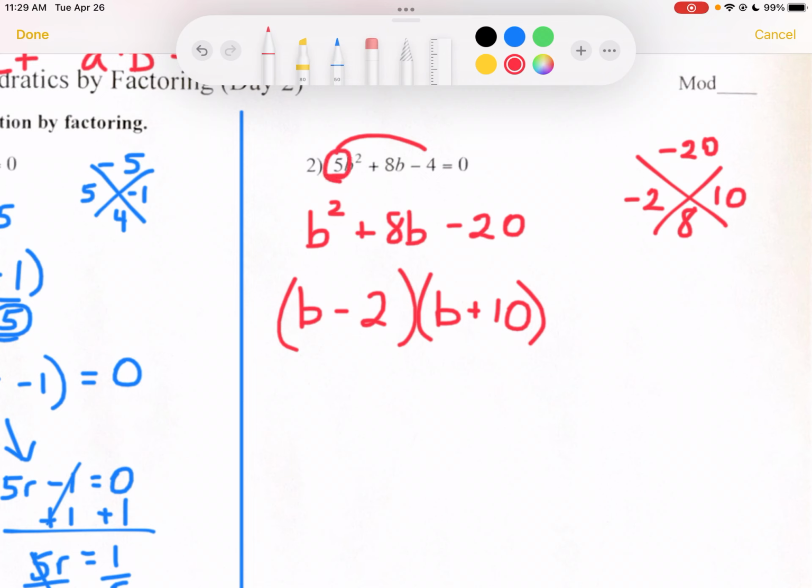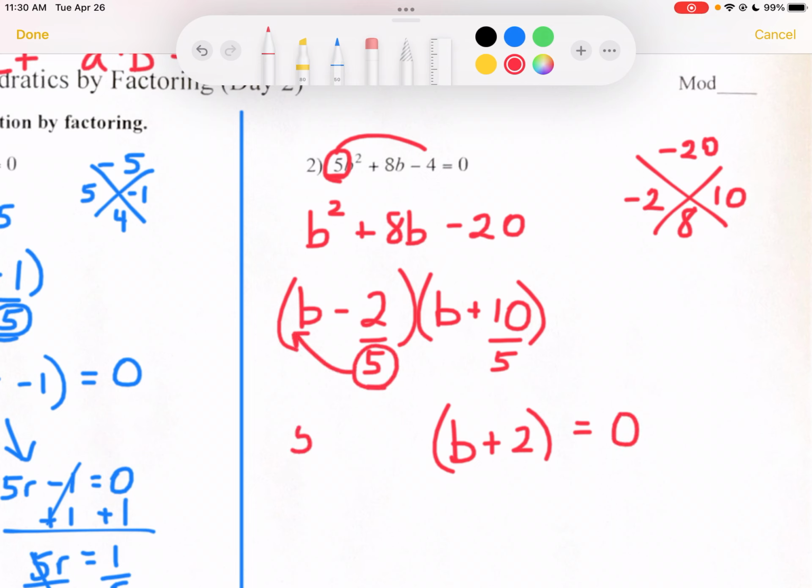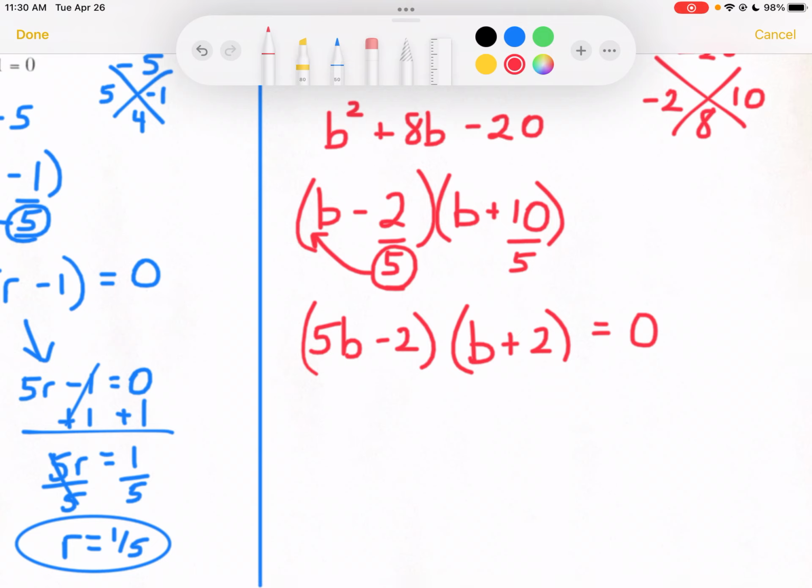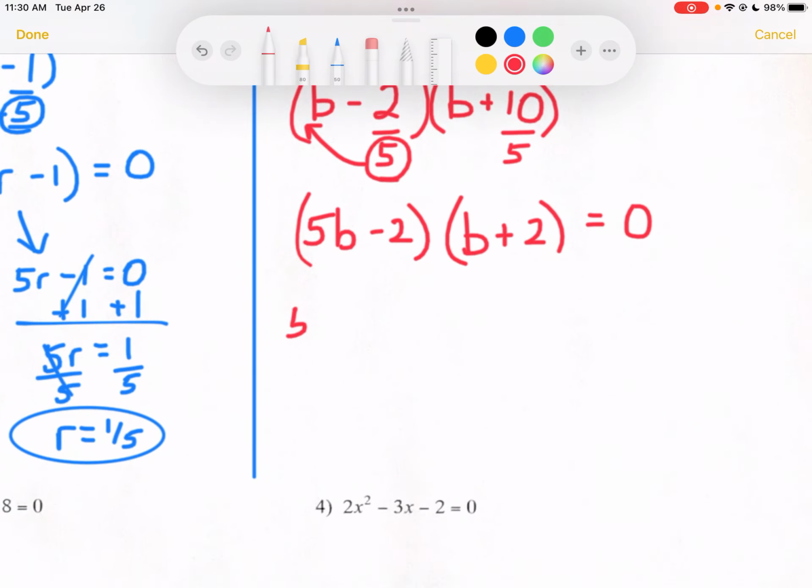Now we divide by that 5 that was out front originally. So on the right side here, we get b plus 2. And on the left side, we have this 5 that's going to do bottoms up. And so there's your factors. So then set it equal to 0.